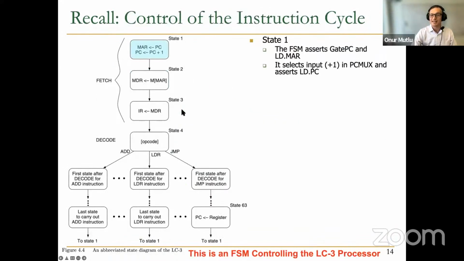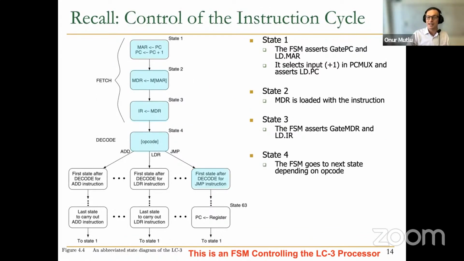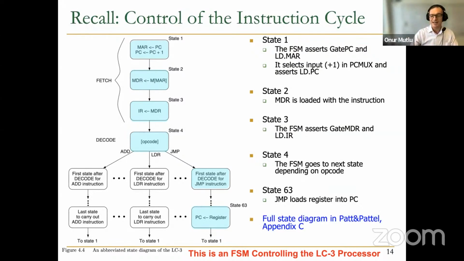So every state enables different control signals in accordance with how the state should execute, basically. And this is a very fundamental principle. That's how you control the machine. The finite state machine generates control signals in every state specific to how that state should behave. Okay. And at the end, jump has finished. So you go to state 1, basically. And state 1 fetches the next instruction because we incremented the PC, right?